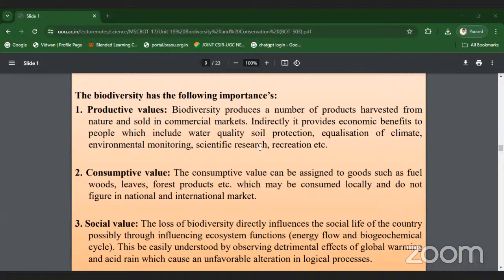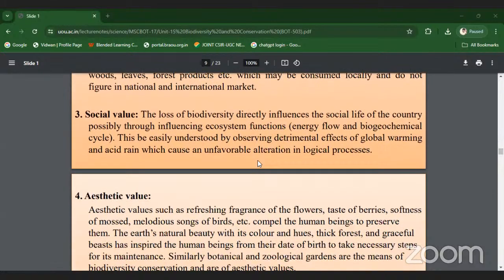Next, consumptive value. The consumptive value can be assigned to goods such as fuel, wood, leaves, forest products, etc. And social value. The loss of biodiversity directly influences the social life of the country, through influencing ecosystem function, energy flow and biochemical cycles. This is easily understood by observing the effects of global warming, acid rain and unfavorable alteration in local processes.